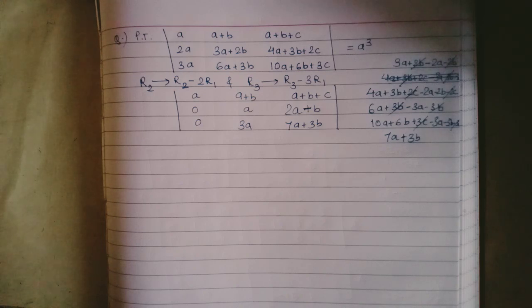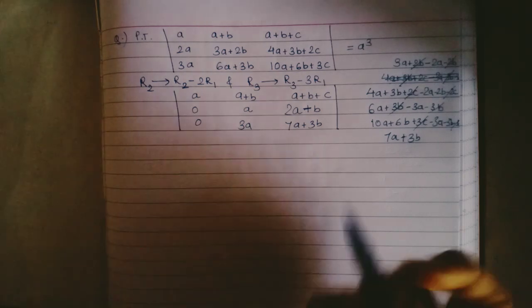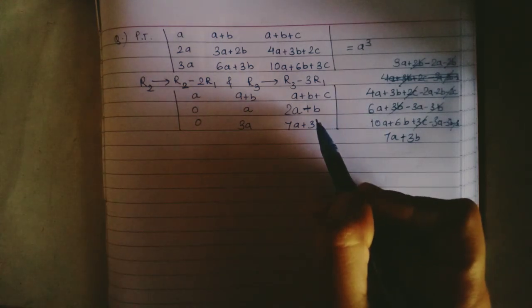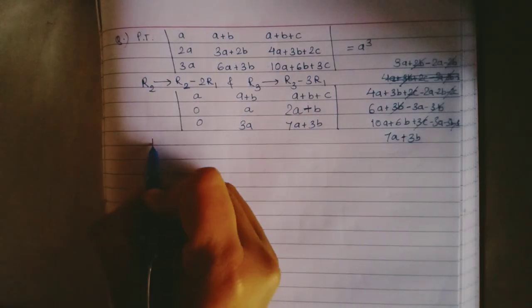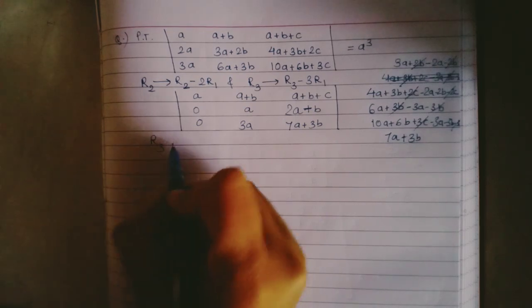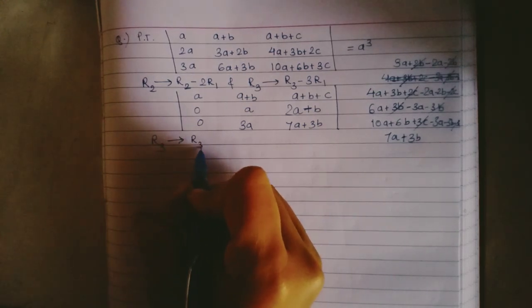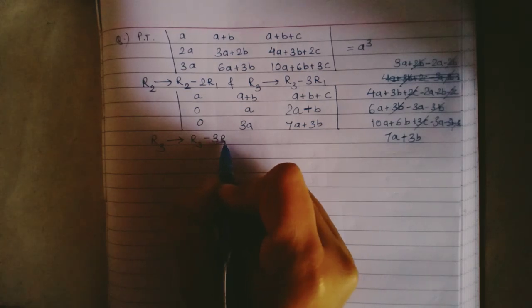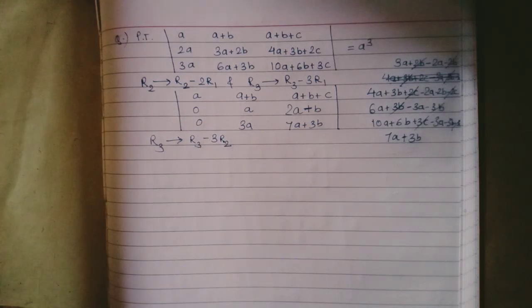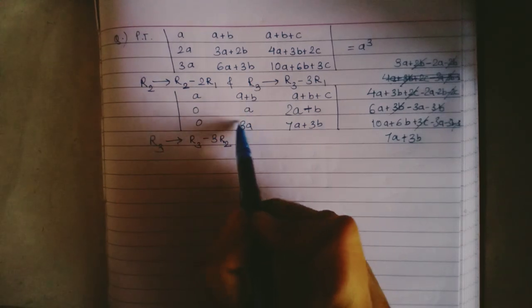Now we want a cube, so again we can reduce these two elements. So I am reducing R3 to R3 minus 3R2, making this element 0.